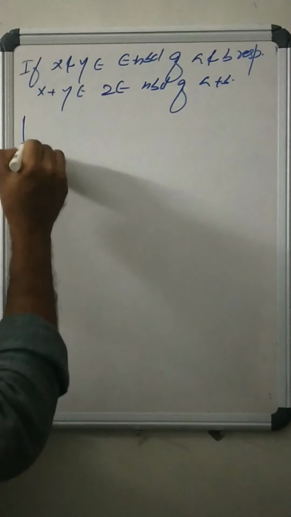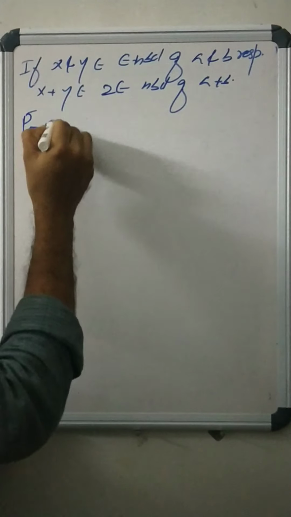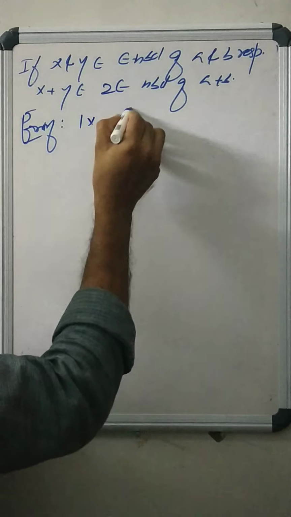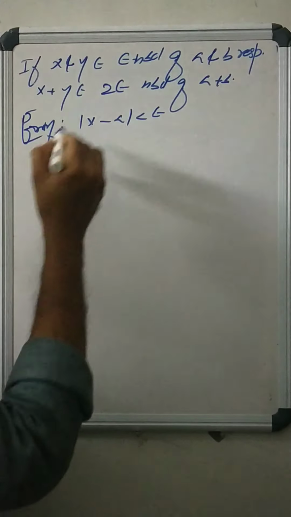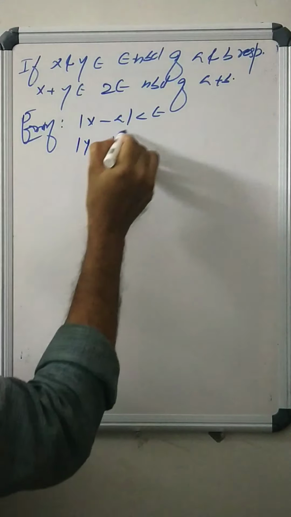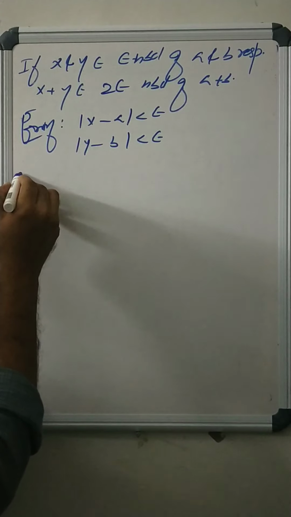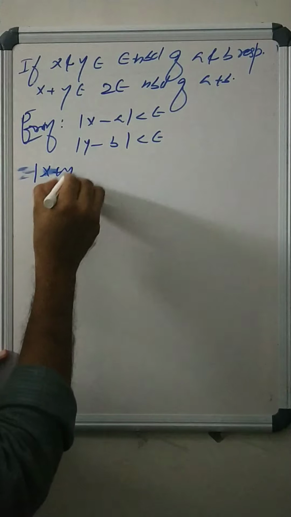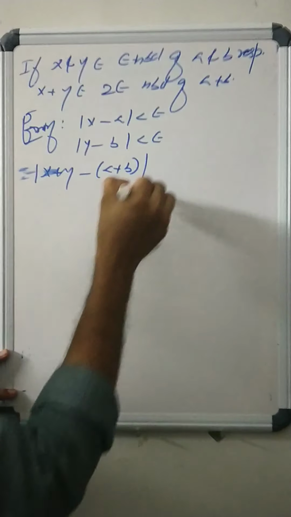How? For the proof, x in the epsilon neighborhood of a means modulus of x minus a is strictly less than epsilon. And y in the epsilon neighborhood of b means modulus of y minus b is again strictly less than epsilon. Now consider modulus of x plus y minus (a plus b).